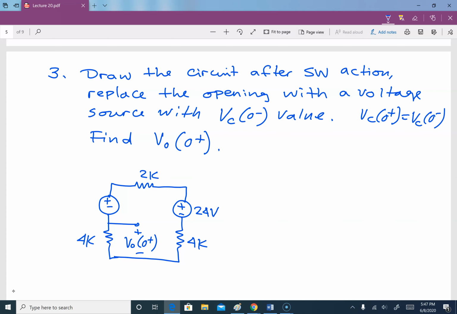And this is a voltage source that we just found in step number 2, which is 24 volts. And the switch is at this location, and we closed it. So when we close this, this is how it will look, just a short. And then we have 2K, and then we have 12 volts.